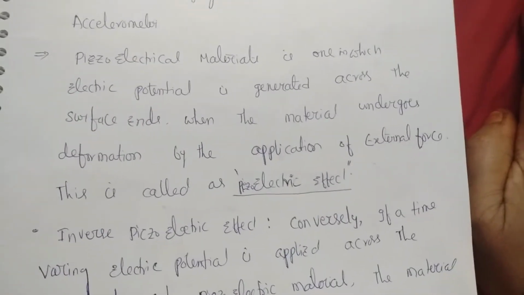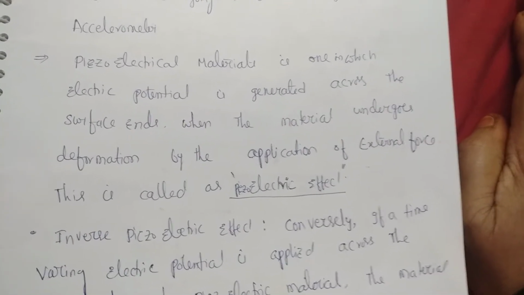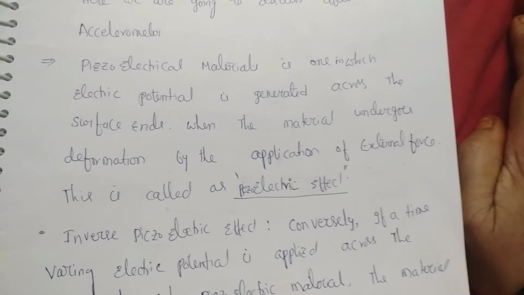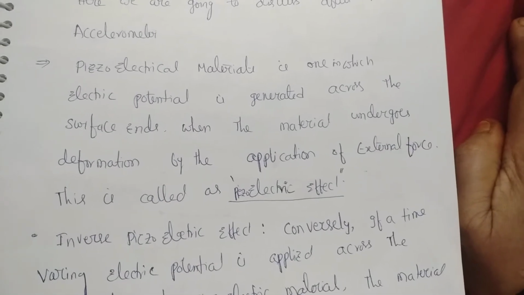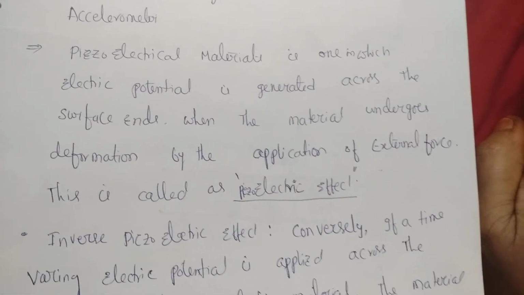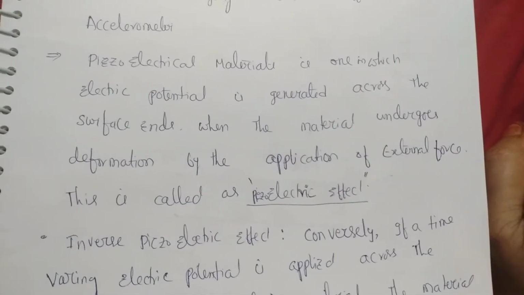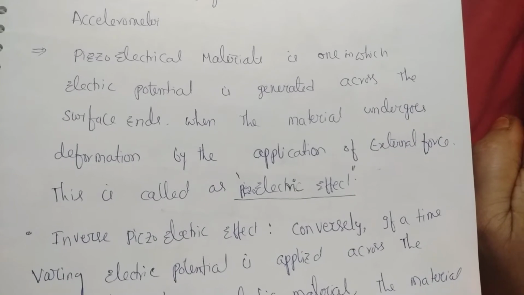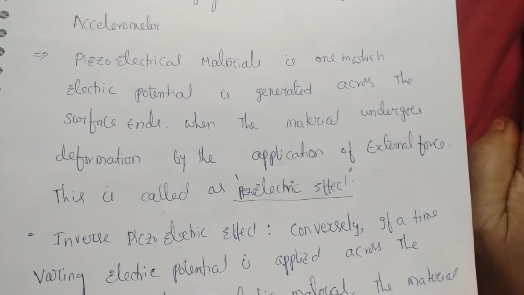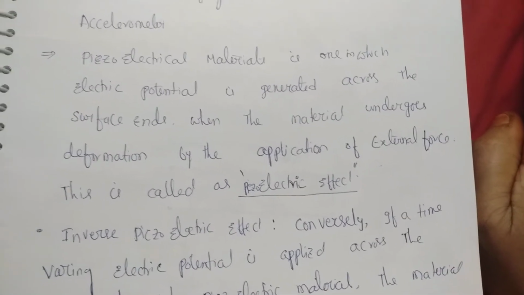Before going to that, consider materials that exhibit piezoelectric properties. In piezoelectric materials, an electric potential is generated across the surface ends when force or pressure is applied perpendicularly on the surface of the crystal.